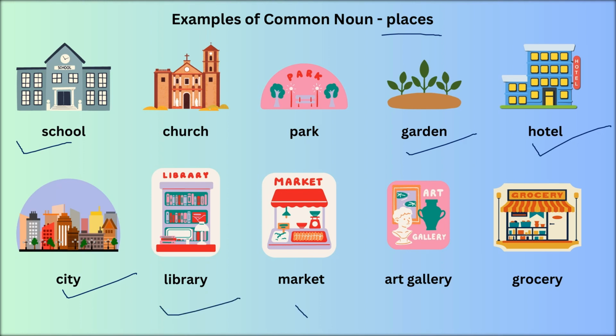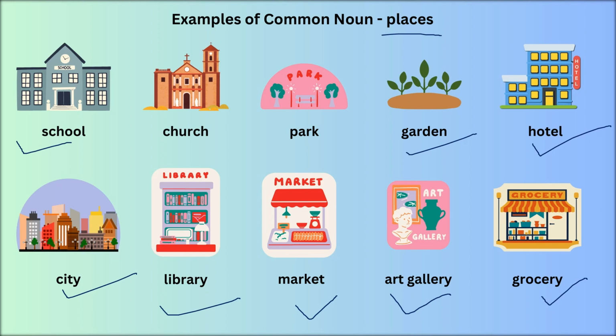Library, market, art gallery, grocery. Now, for example, if I say that I am going to the library, there can be many libraries. There are 10 libraries in the town. Now, which library am I going to? I may be a member of 3 or 4 libraries. So if I say I'm going to the library, it can be any one of those 3 or 4 libraries.